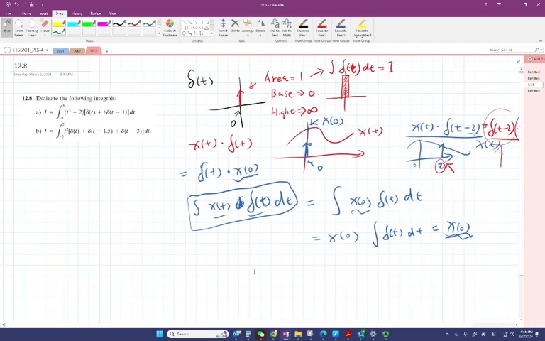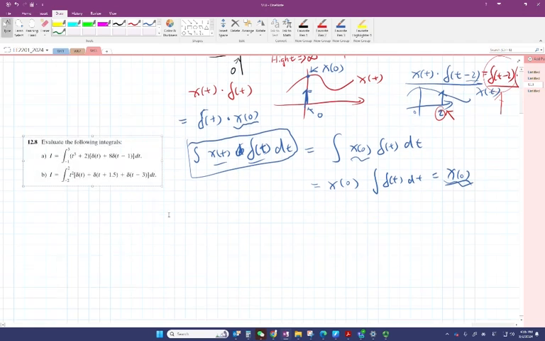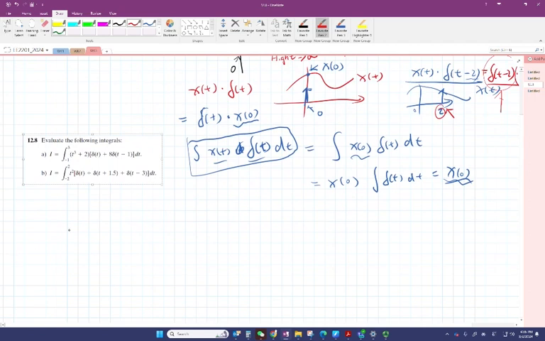All right, hope we are clear about the delta function properties. So let's start to look at this question. Part A, I equals the integration from -1 to +3.